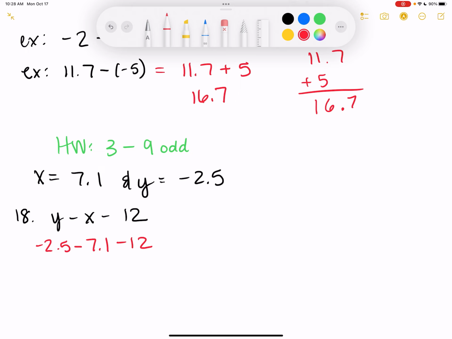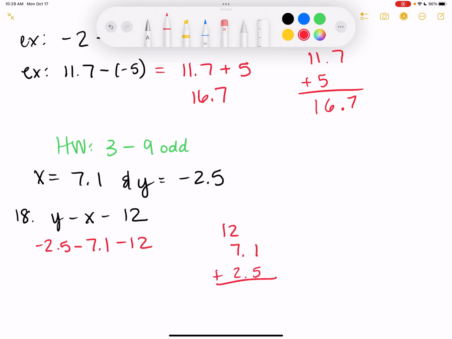Everything has the same sign, so they're all negative signs, or all subtraction. So we can add the numbers and then just put a negative sign on it. So we have 12 and 7.1 and 2.5. Why did I go right to left? I don't know, but I did anyways.